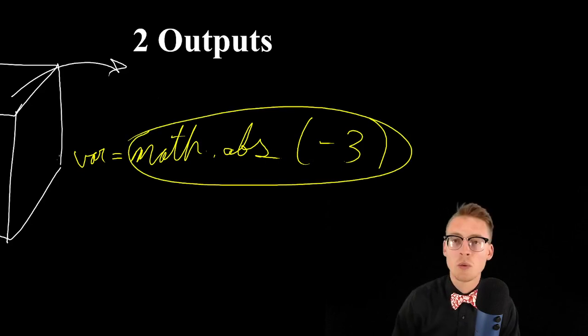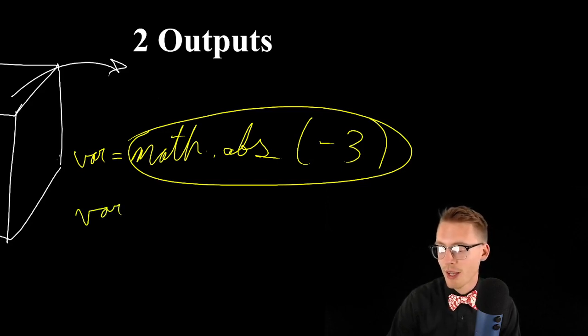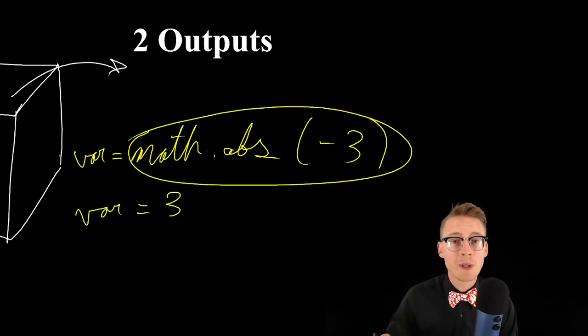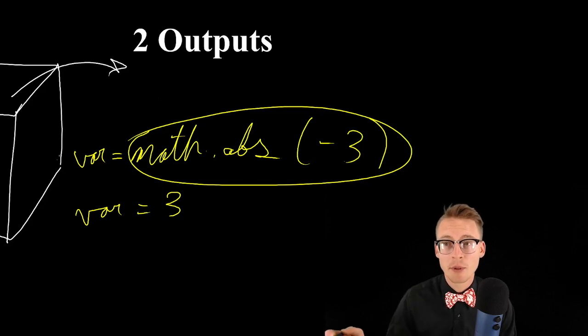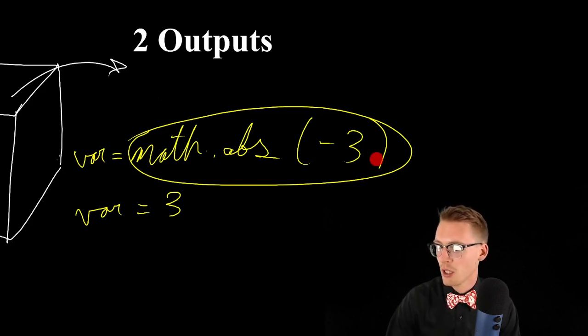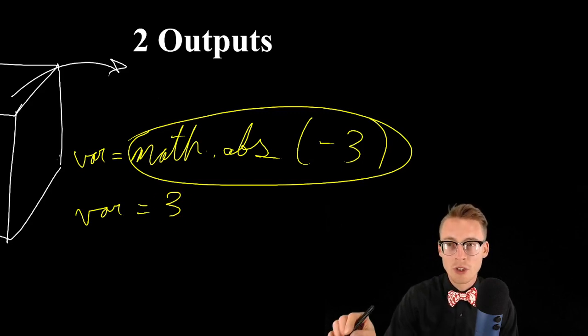Math.abs -3 would go out, it would do its work on -3 and return a 3. Effectively being something like this, where var equals 3. We've seen that before. We've been able to set a variable to a number before, right? So this is the function simplified down to what it's going to return in this particular instance.